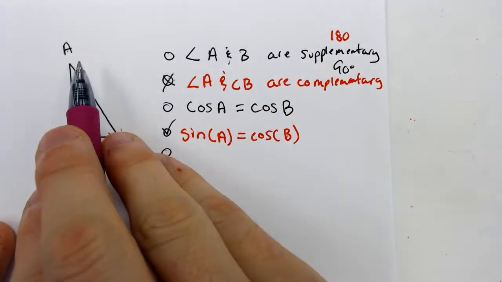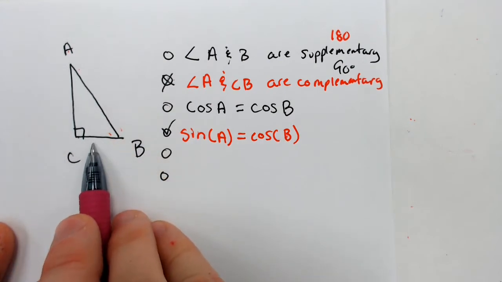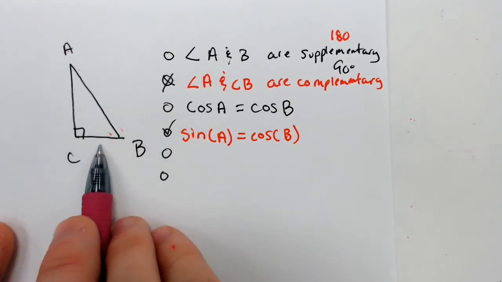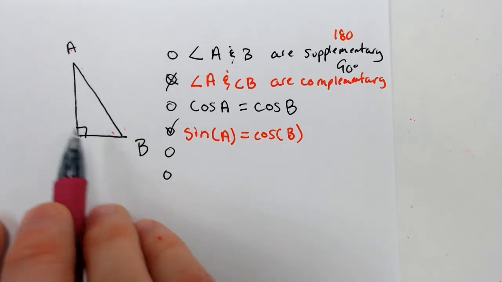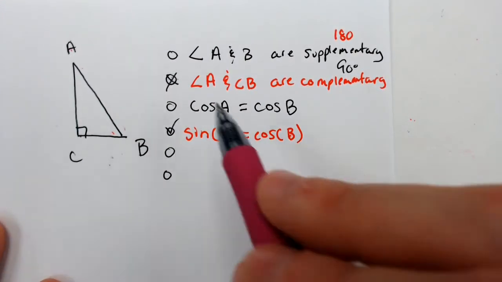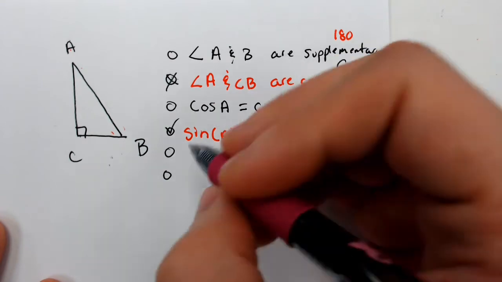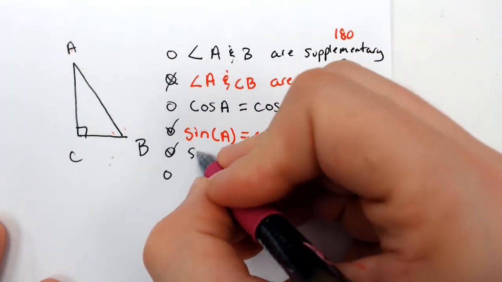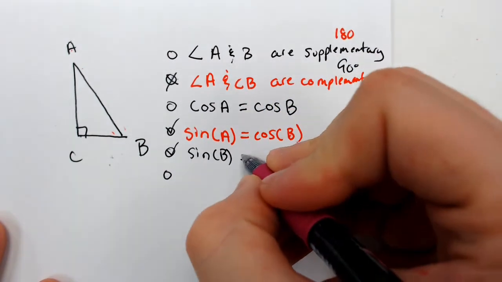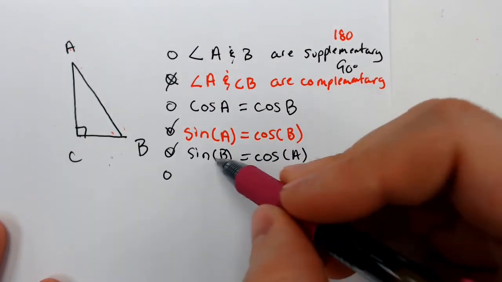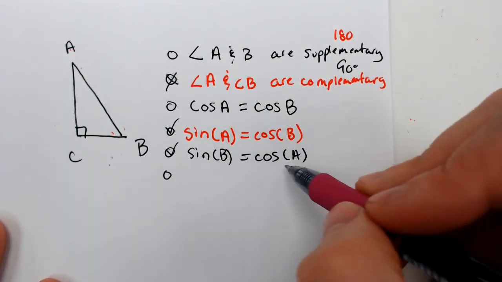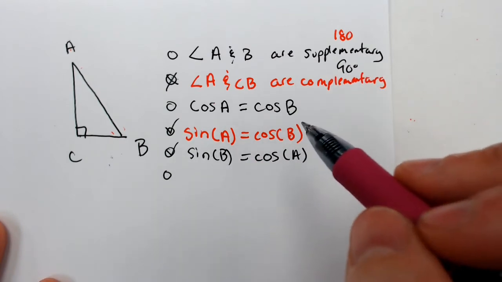Because if I'm focusing on angle A, my opposite and my adjacent would be here and here, but as soon as I switch focus to angle B, my opposite and my adjacent switch locations. So that's true. And the same would be said if I said sine of angle B is equal to cosine of angle A. If you switch from sine to cosine and switch the angles, your opposite and adjacent switch, it's true.